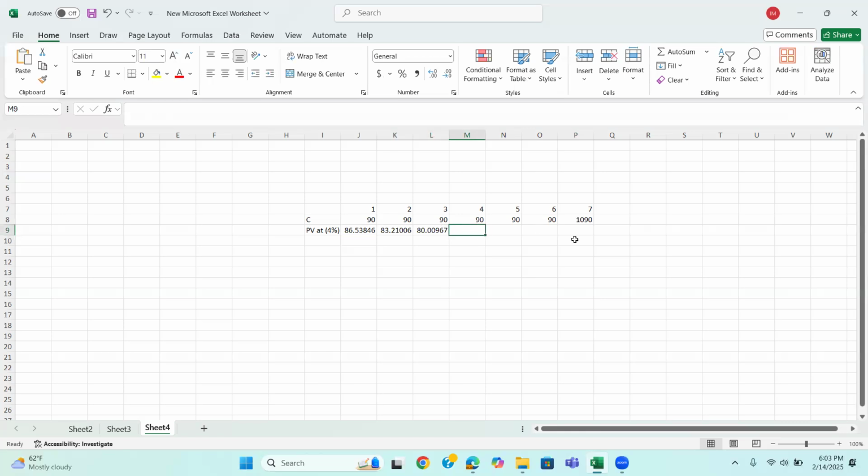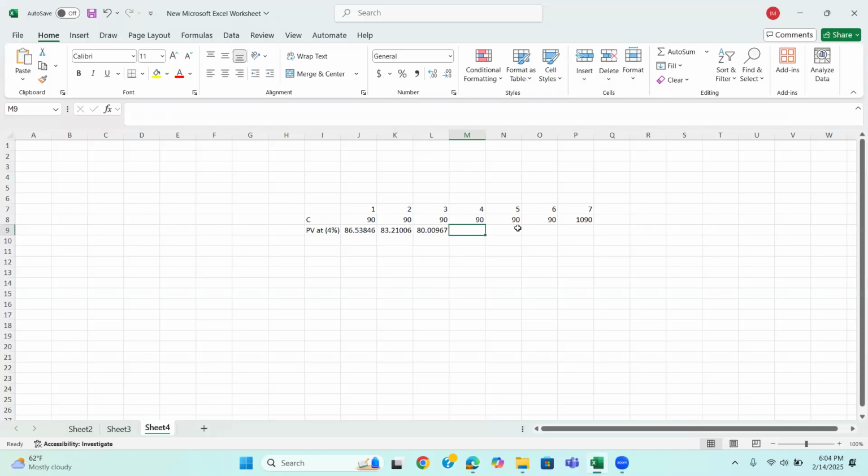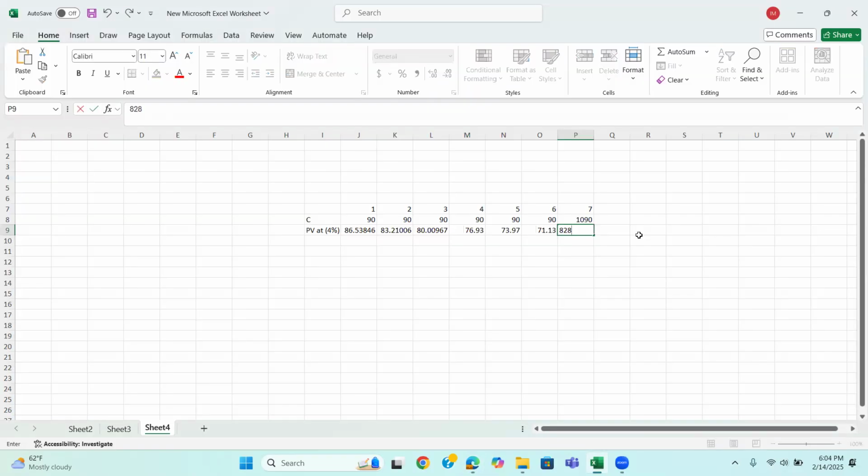You see? In this way, you can go all the way to year 7 to calculate your values. I'm just putting the values here, 76.93, and then 73.97. I'm just doing it to save time. 71.13, and at the end of the year, 828.31.